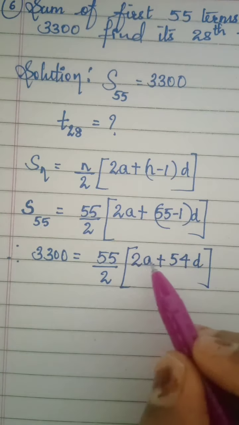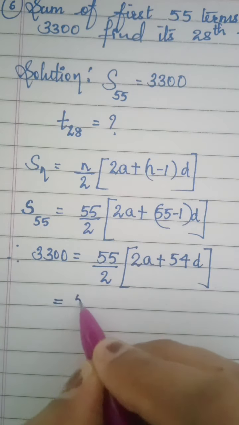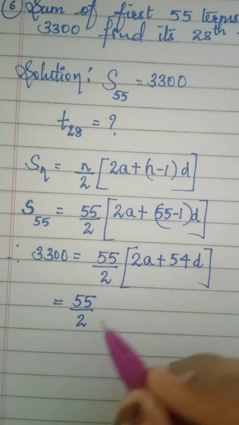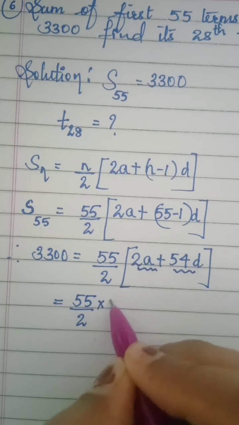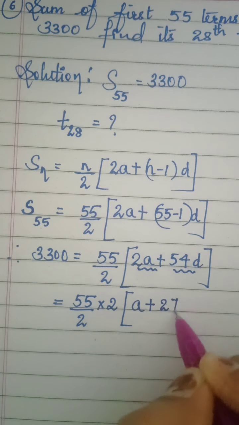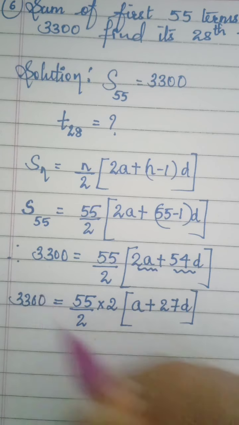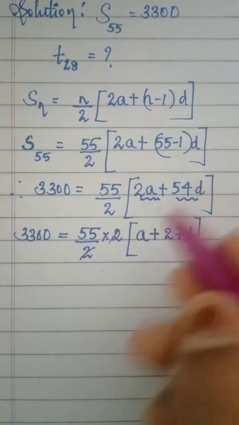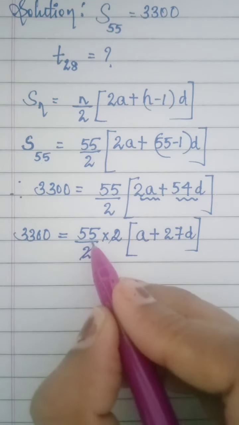Yes, now I can take 2 common from these two, right now children? So I'll do that. 55 upon 2, that is the reason why I didn't touch 2. If you take 2 common from these two terms, what are you getting? 2 outside. So in the bracket you have a plus 27d. And that is 3300. Till here understood? Now 2 and 2 will get cancelled. So how much is a plus 27d? This will go to the other side.